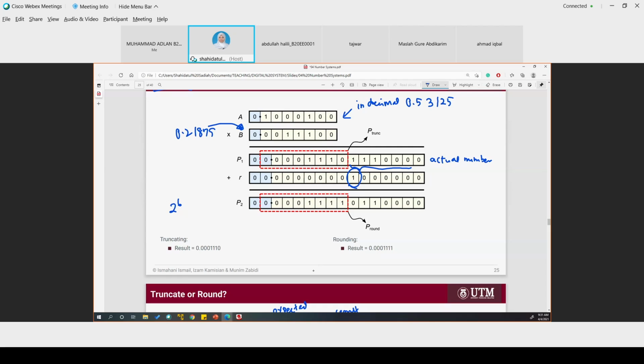So when you calculate these two values in decimal, you are expecting the results.